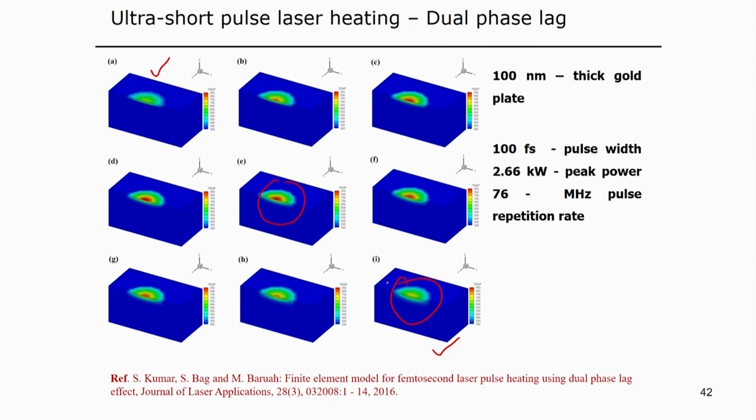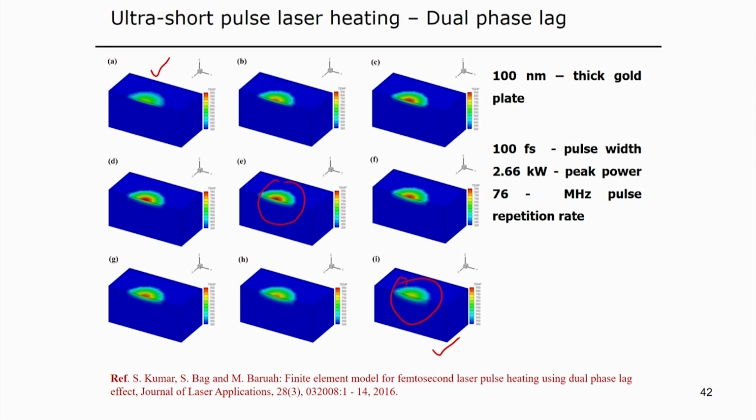Of course, in the last figure the peak temperature is low as compared to figure E, but the depth of penetration is more as compared to figure E. That means this simulation signifies that with the application of the flux on the surface, there is a movement in the development of the temperature distribution that actually defines the penetration.